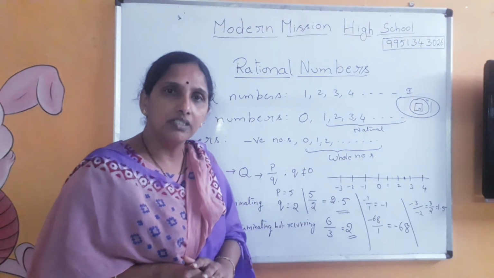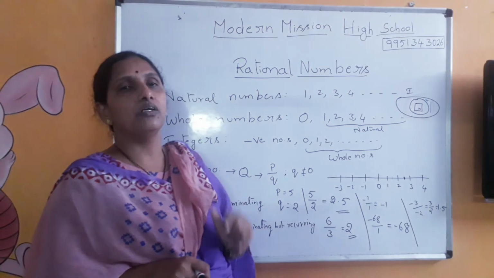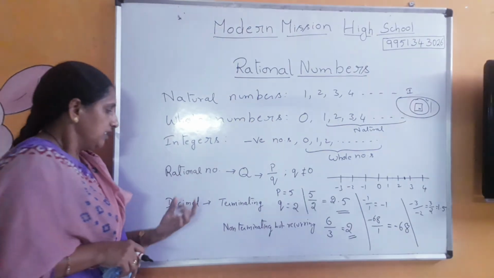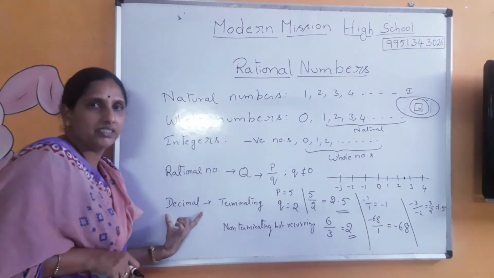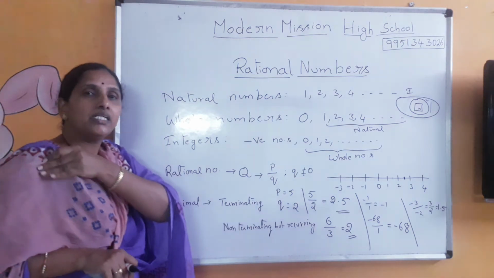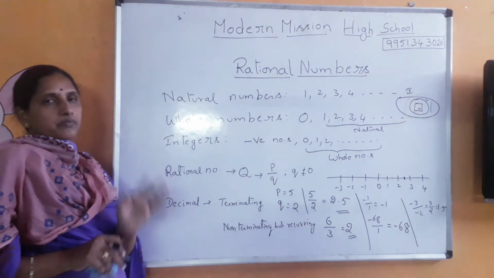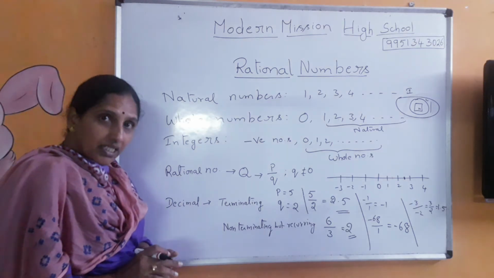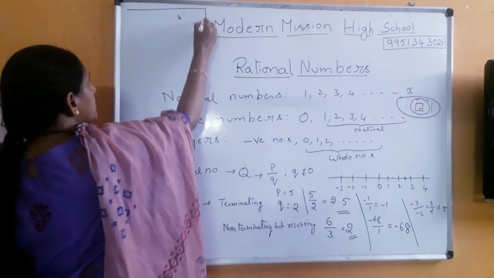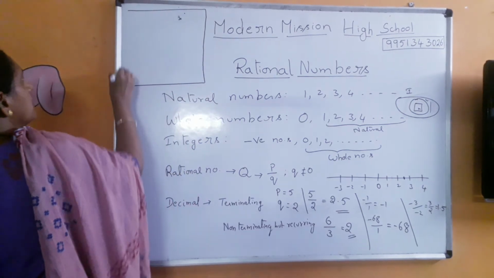When the decimal form is given, all terminating decimal numbers are rational numbers. What do you mean by terminating decimal numbers?